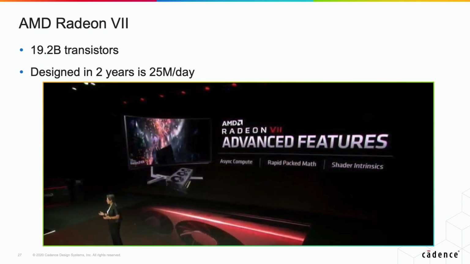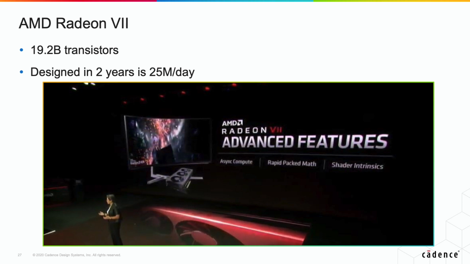So this was Lisa Su, the real woman who doesn't have a fab, giving a keynote at CES that I was at just a few weeks ago. She announced this Radeon, I think they call it 7, it's Roman numerals. It's 19 billion transistors. And I just divided that number by the number of days in 2 years.